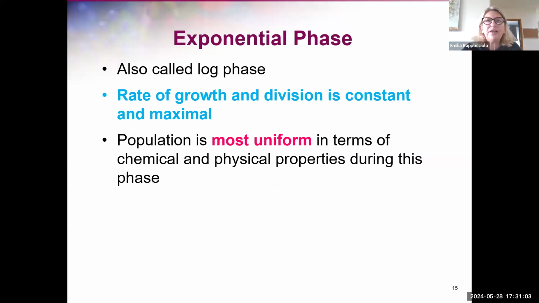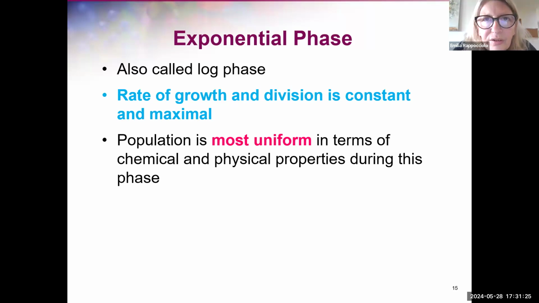Now, during this phase, we make several observations. First of all, the rate of growth and division is constant and maximal. What does it mean? That all the cells divide at the same time, and they cannot divide any faster than this.